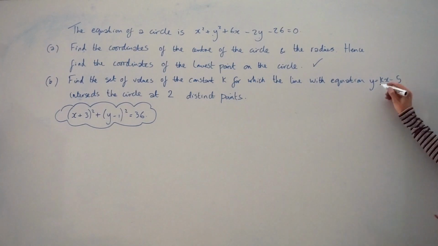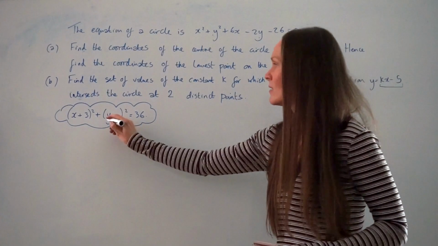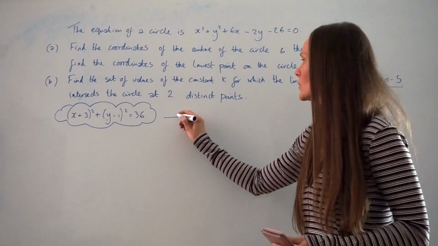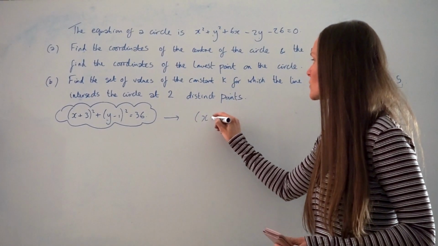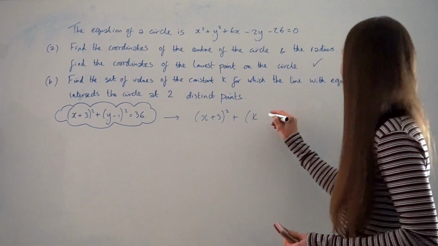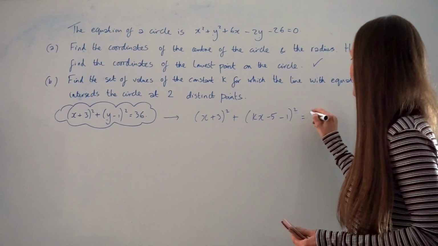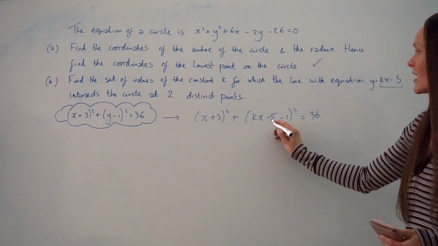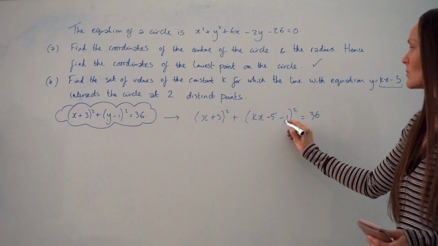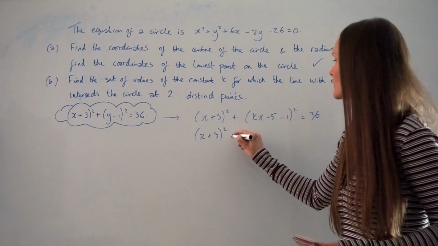So I'm going to replace the y value with kx - 5 in here. The equation will now look like this: (x + 3)² + (kx - 5 - 1)² = 36. Here, minus 5 take away 1 is minus 6, so I'm going to simplify that bracket first.